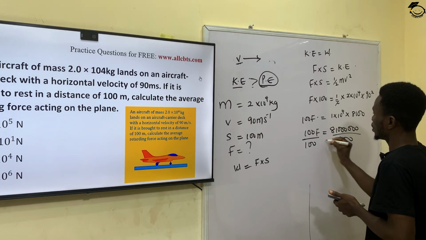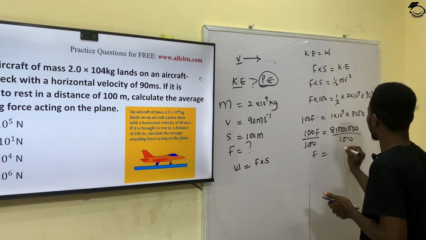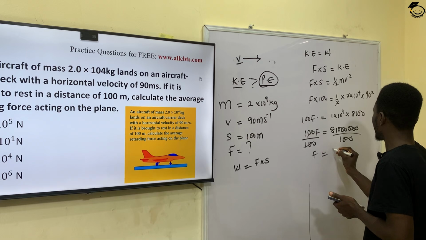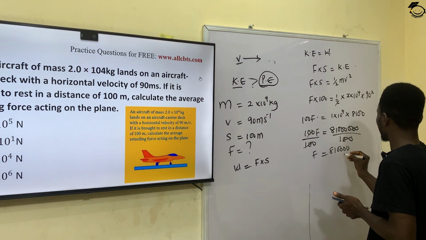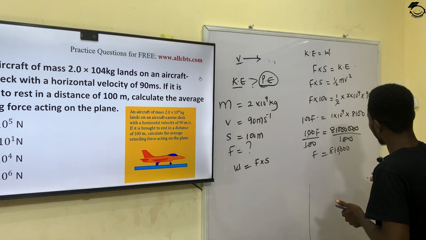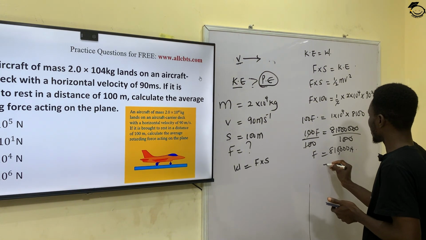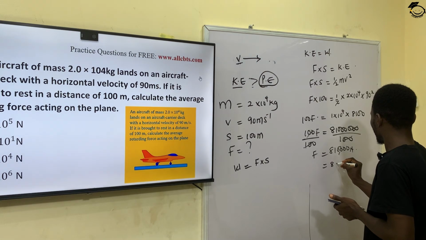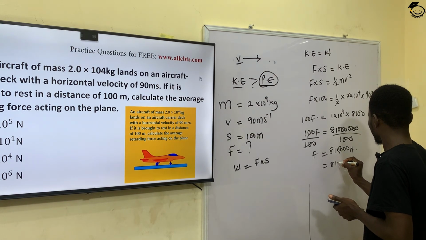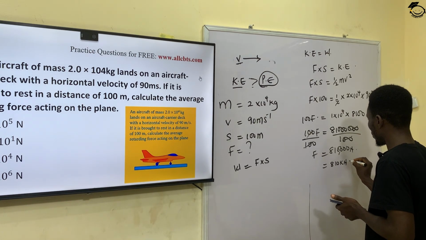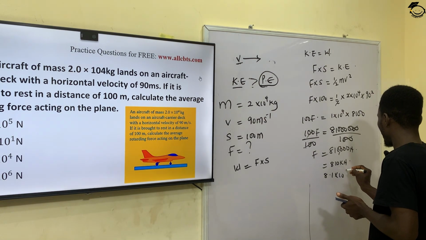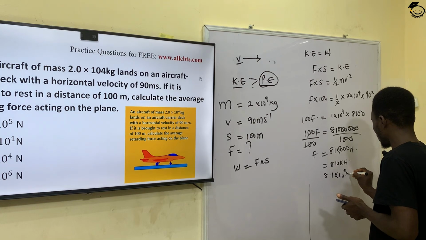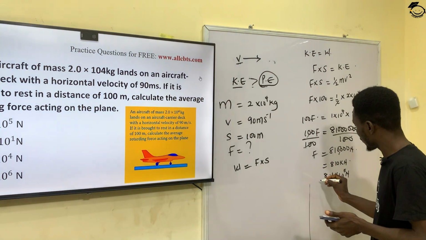This means that the force here will give me 810,000 Newton, which is the same as saying I have 810 kilonewton, or you can say 8.1 times 10 raised to power 5 Newton as the force.